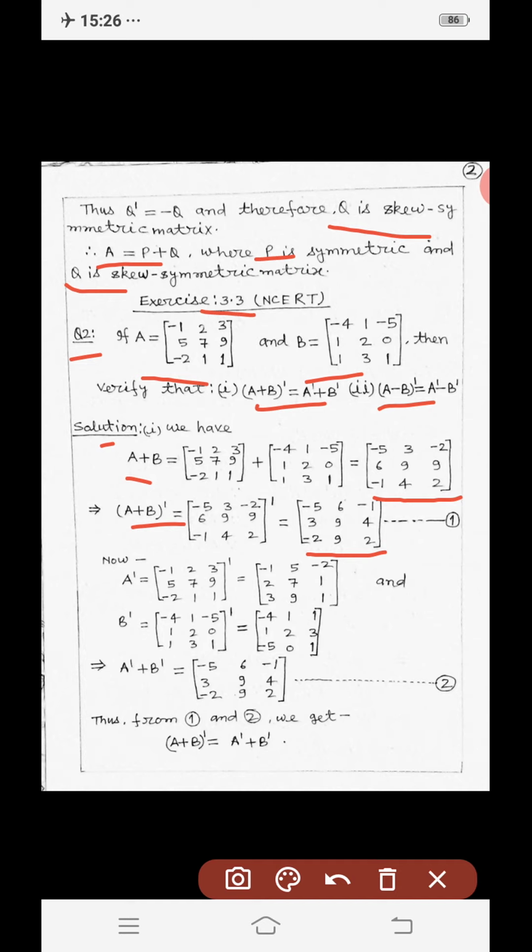Now A transpose equal to [-1, 5, -2; 2, 7, 1; 3, 9, 1] and B transpose equal to [-4, 1, 1; 1, 2, 3; -5, 0, 1].